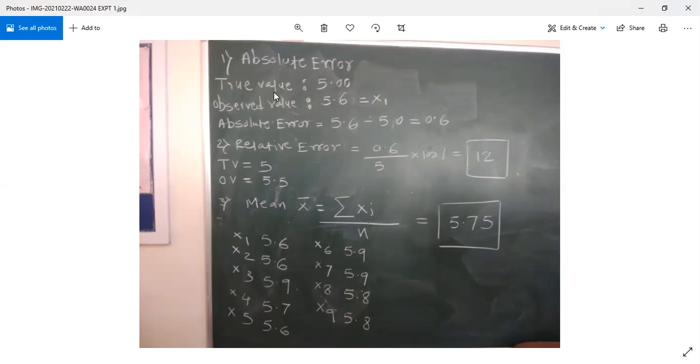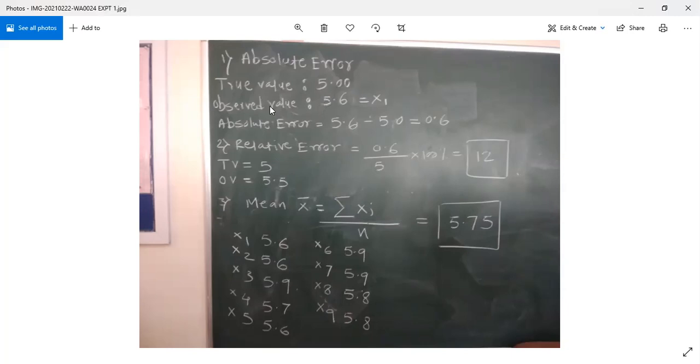Absolute error is the observed value minus the true value. Observed means experimentally determined, and true value means the theoretically expected reading. For today's titration, the expected reading was 5 and you got 5.6.